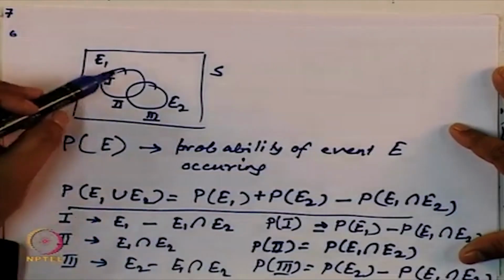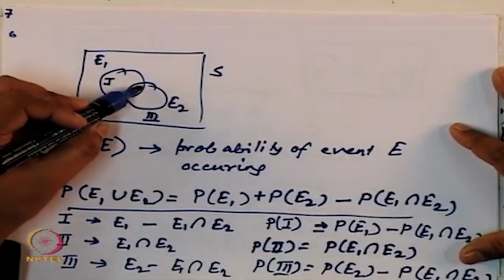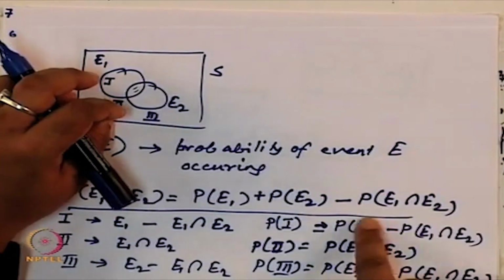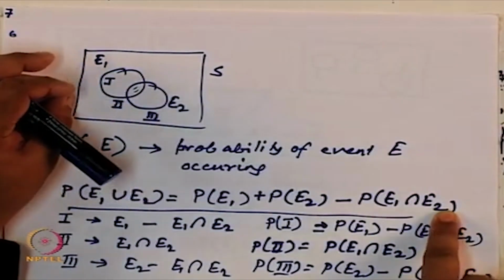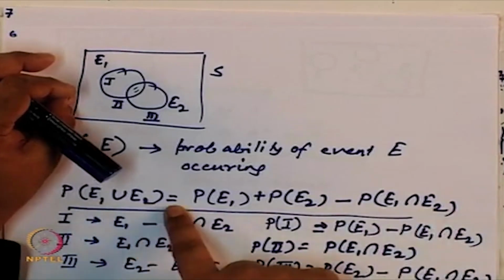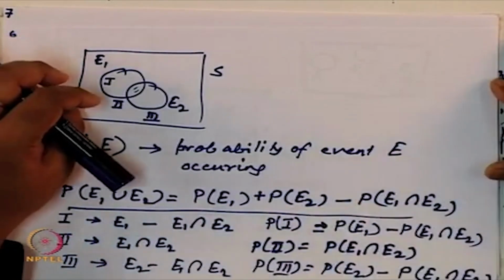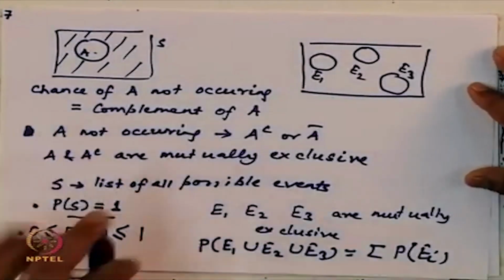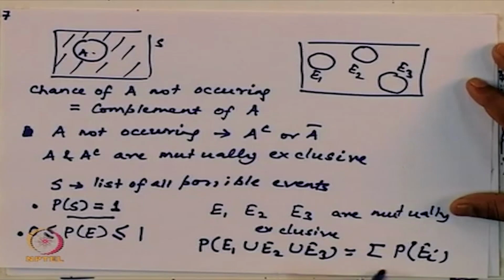When E1 and E2 are mutually exclusive, the area of the overlap zone reduces to 0, so the probability of E1 intersection E2 is 0. As a consequence, the probability of E1 union E2 is equal to the probability of E1 plus the probability of E2. So, for exclusive events, I can write this expression.